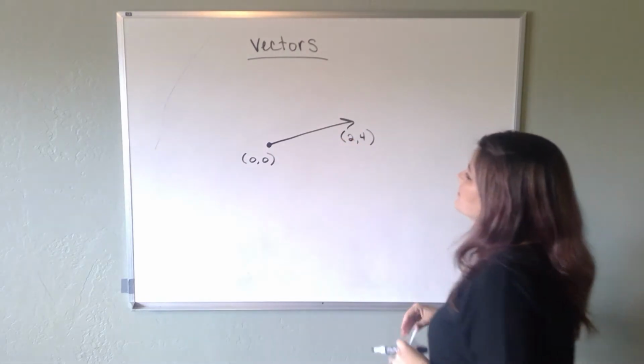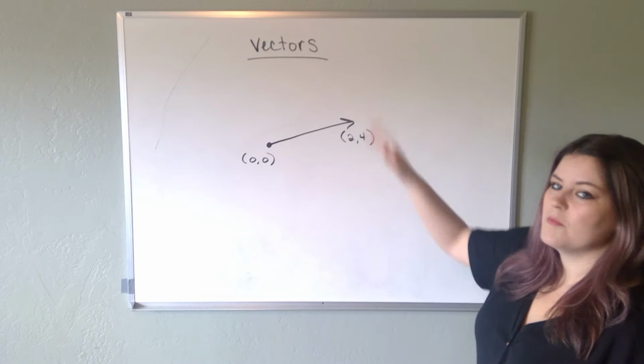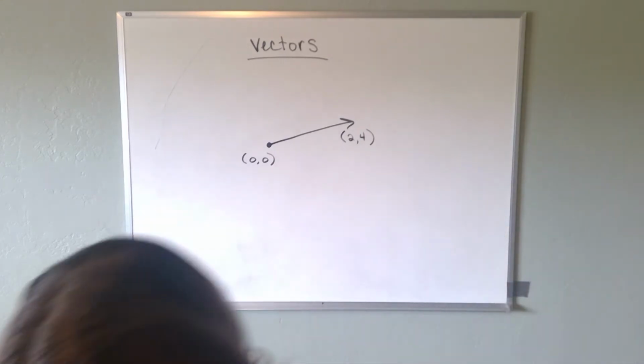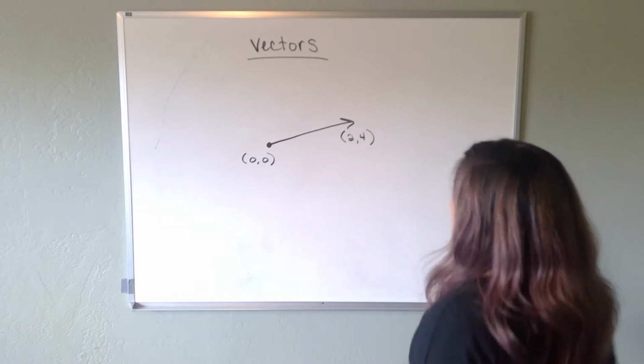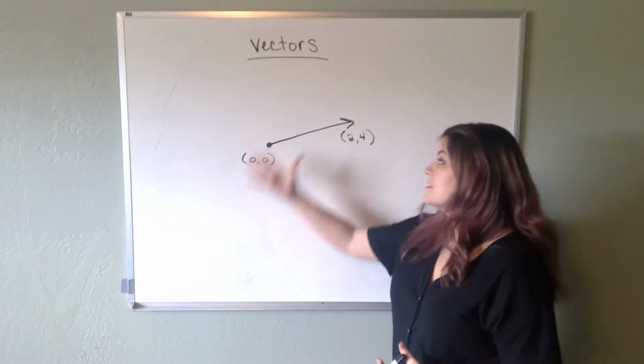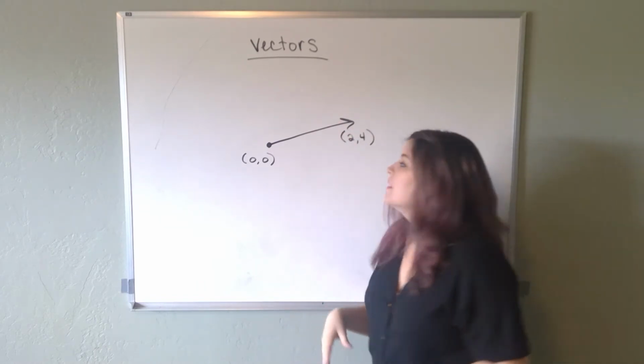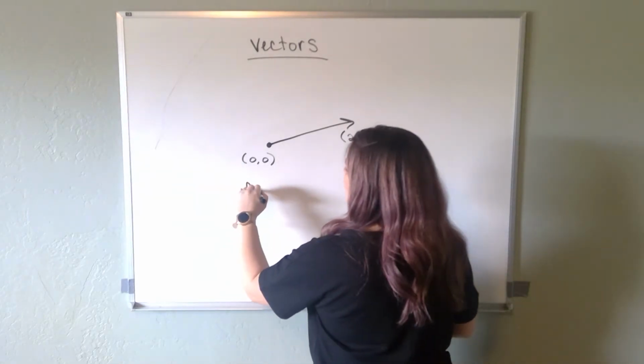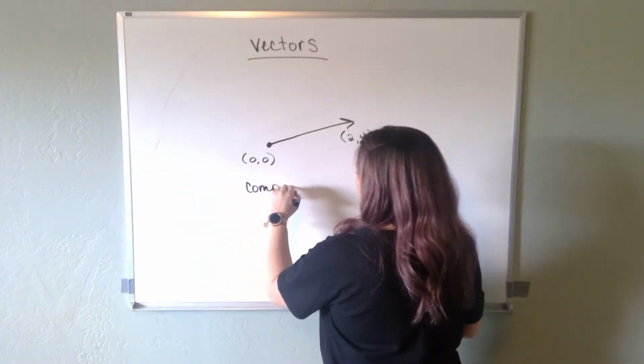So my arrow is a little off, it should be a little up more, but that's okay, because we're given the location of a vector with ordered pairs. So let's say this is somewhere in the plane. I want to know the component form of the vector.